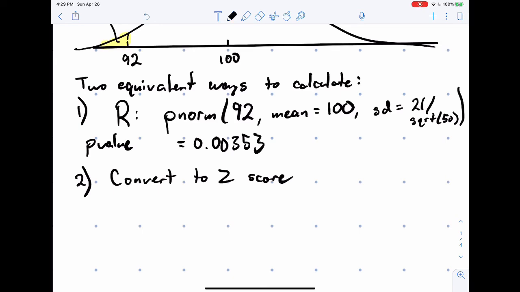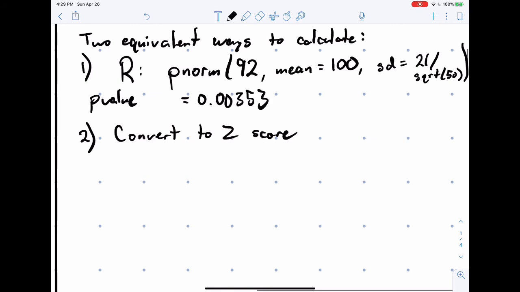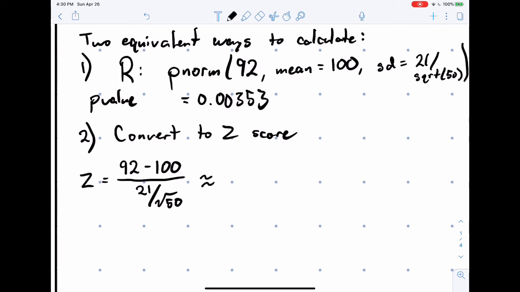So to convert to a z-score, you take your value, 92, minus the mean, divided by the standard deviation, 21 over the square root of 50. So this is approximately negative 2.69.